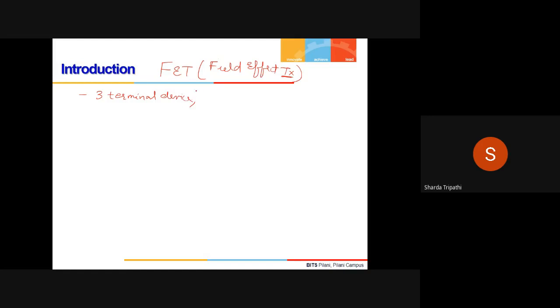And this three-terminal device uses electric field to control the current flowing in the device. So this is how we are going to define an FET. That FET is a transistor, a three-terminal device, wherein electric field will be used to control the current which is flowing in the device.